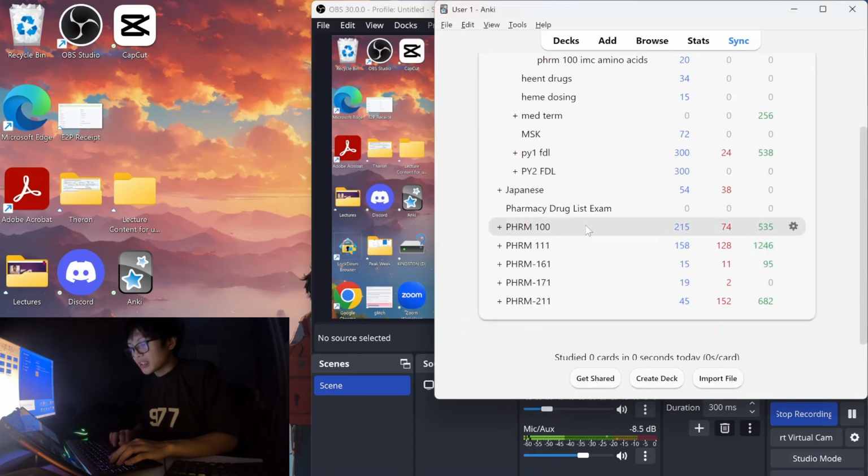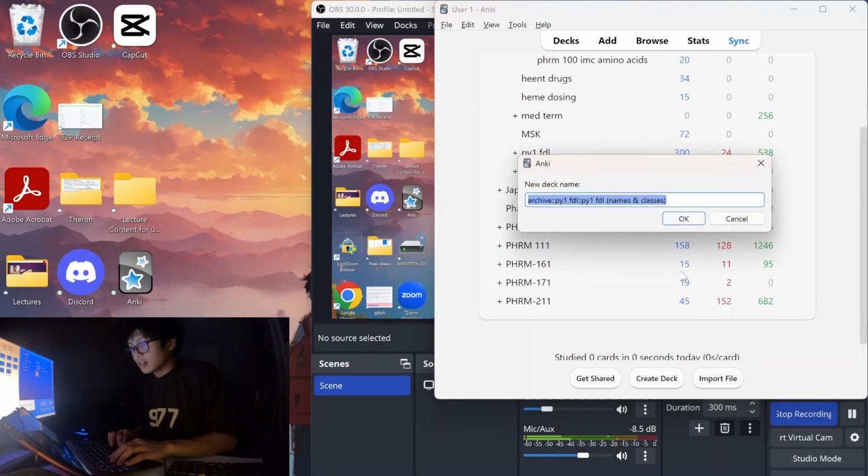And then if we want to take it a step further, we can create a subdeck for the deck we just created, which is the Pharmacy Drug List exam deck. By clicking on create deck again, you can type in the name of the first deck, Pharmacy Drug List exam, then put 2 colons, and then label the next title for whatever you want the name of the subdeck to be, which is what we're doing.